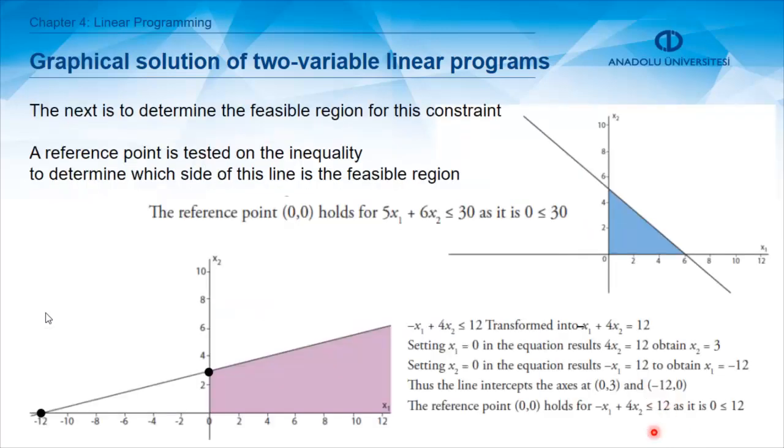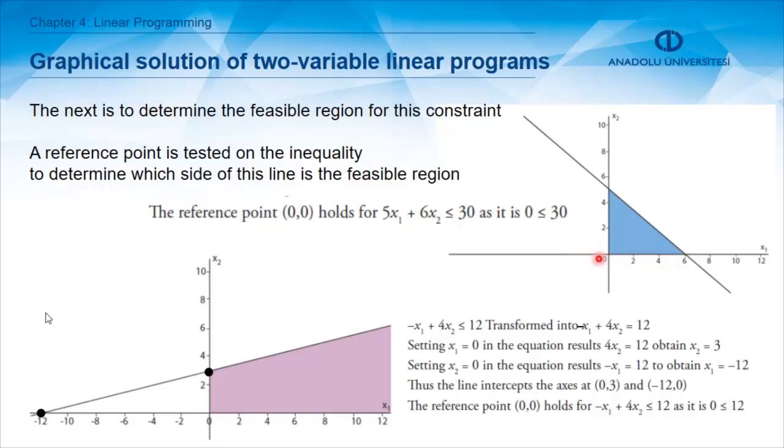However, our original constraint was an inequality, so the next step is to determine the feasible region for this inequality constraint. What we do here is choose a reference point, and test it on the inequality to determine which side of this line is the feasible region.